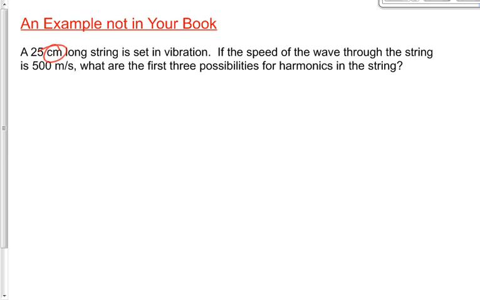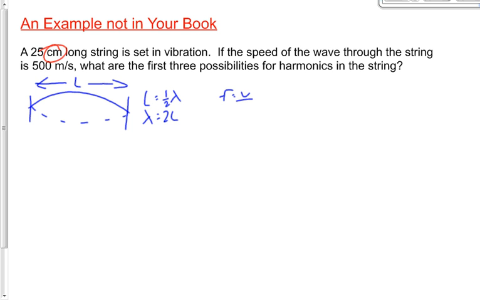Let's draw it out, because the equation that I derived a few minutes ago doesn't appear on my data sheet. I have to be able to figure it out every time. This is L, the length of the string. I know the length of this is 1/2 of lambda, and therefore lambda is equal to 2 times L. I know that f is equal to v over lambda, and therefore f is equal to v over 2L.